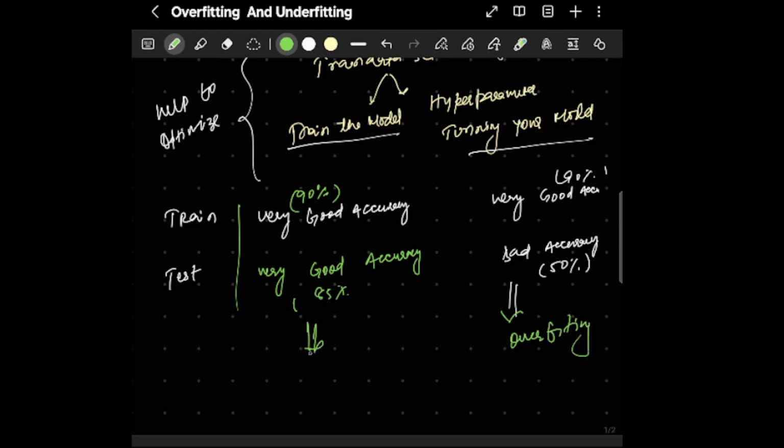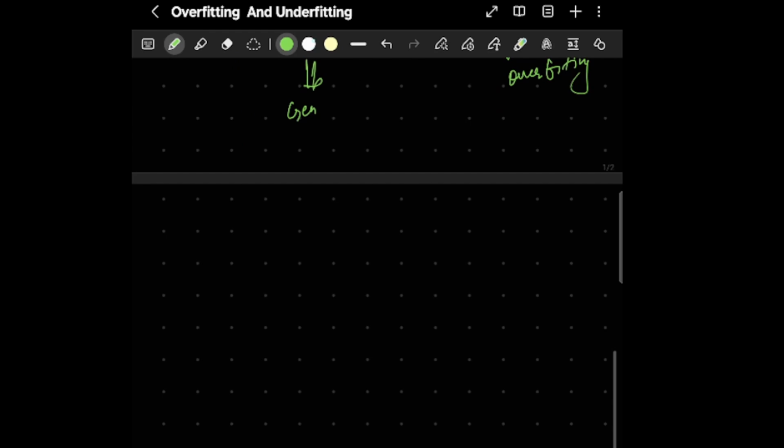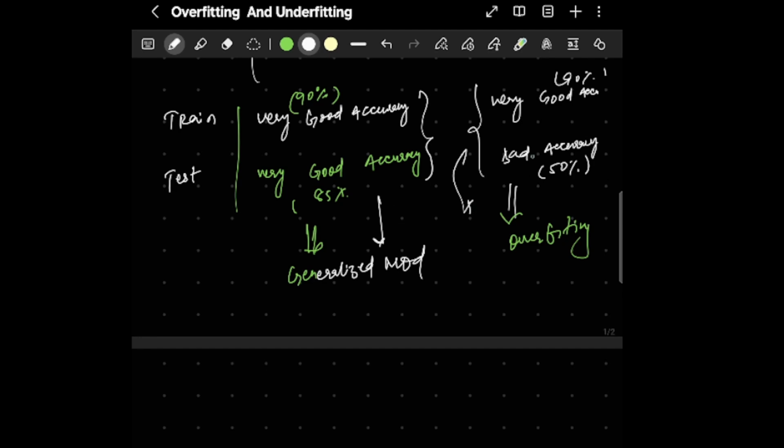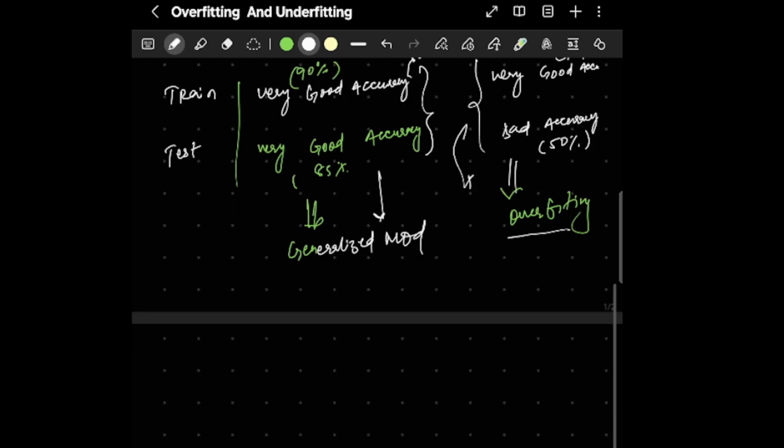If both train and test data have very good accuracy, the model is a generalized model. If the train data set has very good accuracy but the test data set has bad accuracy, the model is overfitting.